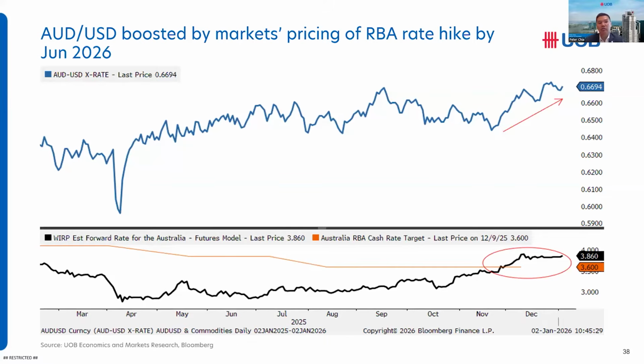That caused Aussie to be supported, and not forgetting that the RMB was also quite stable in December, a strengthening effect. So these are all positive drivers for Aussie. Going forward, we are still positive on Aussie, but we think there is a little bit of a high. If you are still looking to buy, make use of dips to buy into the Aussie, because on our side, we are still potentially looking for the RBA to ease 1 or 2 more times this year.